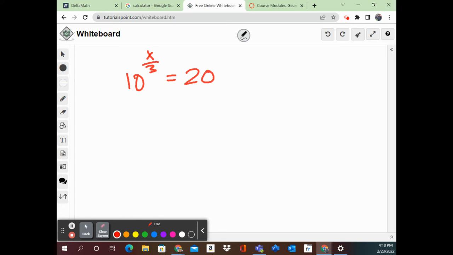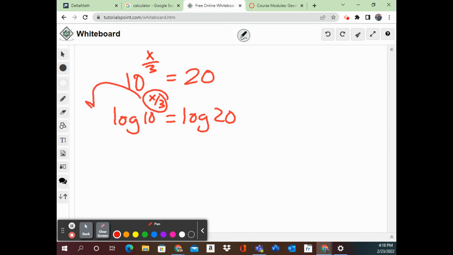And so right now, I'm going to take the log of this function. So I'm going to take the log of 10 to the x over 3 equal to the log of 20, right? I know this exponent is going to come to the front. So I have x over 3 times log 10 equal to log 20.